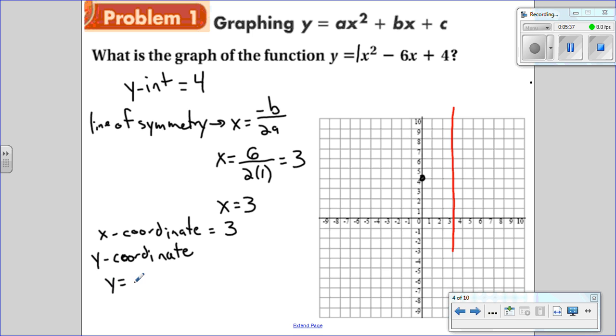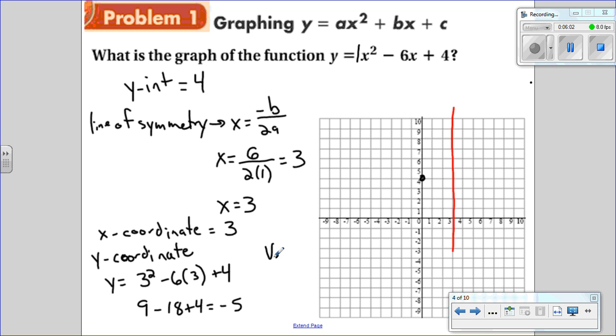So we have y equals 3 squared minus 6 times 3 plus 4. 3 squared is 9. Negative 6 times 3 is negative 18 plus 4. This is negative 9 plus 4 is negative 5.